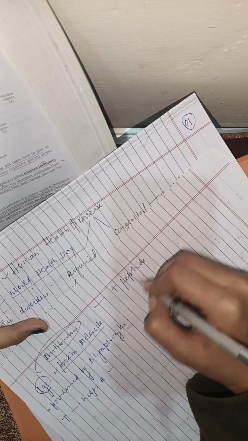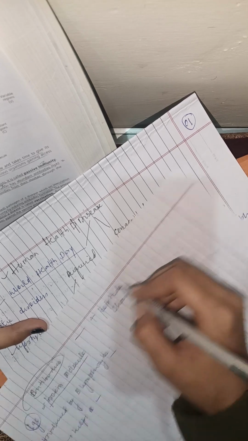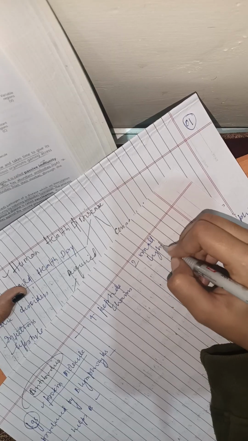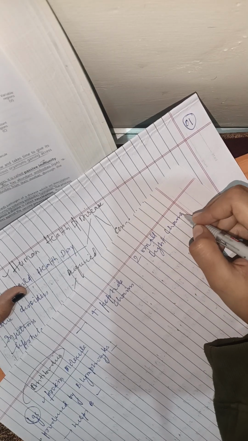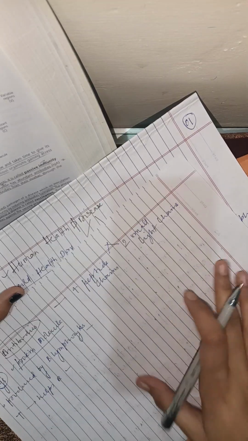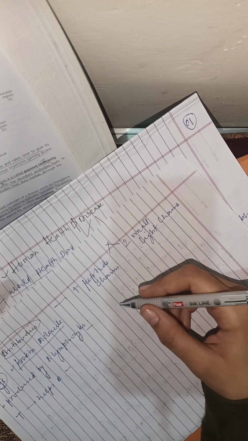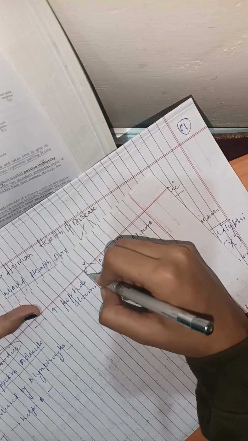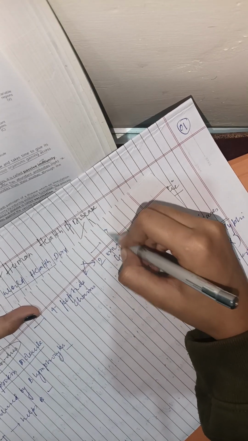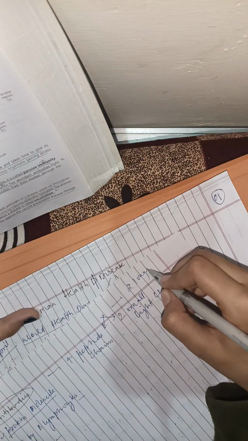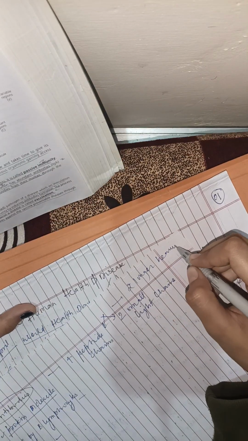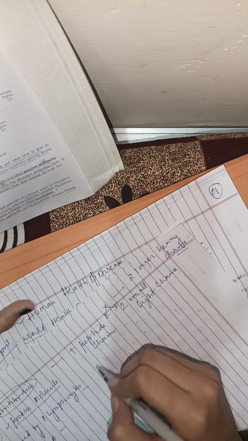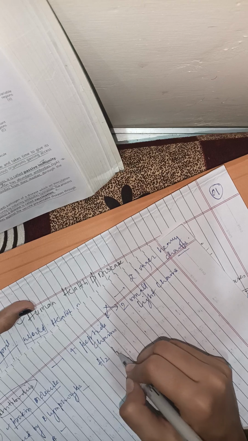Each antibody molecule has 4 peptide chains, 2 small light chains and 2 longer heavy chains. Hence, the antibody is represented as H2L2.